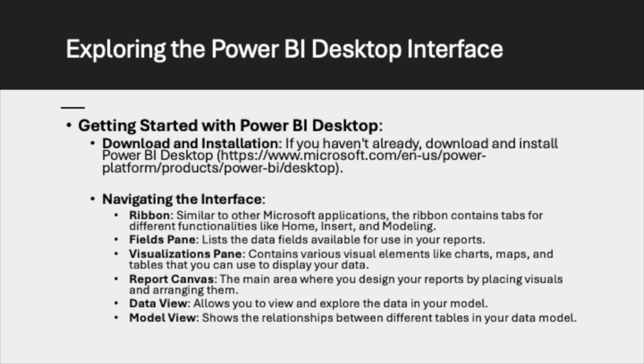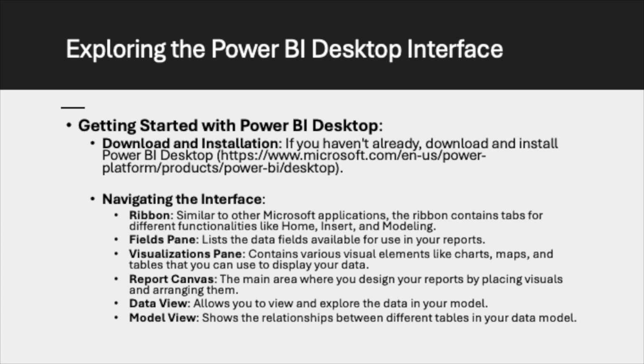There's a ribbon similar to other Microsoft applications. The ribbon contains tabs for different functionalities like home, insert, and modeling menu options. Then you have the Fields pane, which lists the data fields available for use in your reports. Then you have the Visualizations pane, which contains various visual elements like charts, maps, and tables that you can use to display your data.